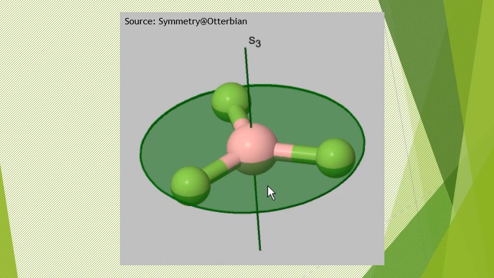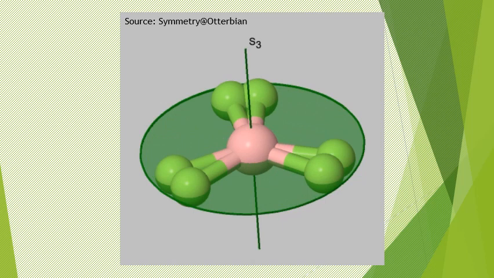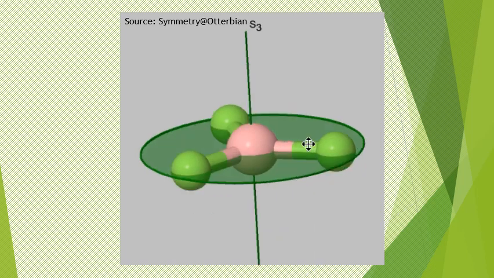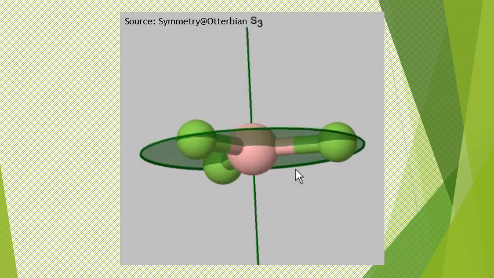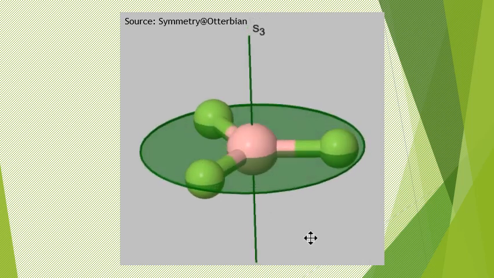So C3 rotation followed by sigma h is also a symmetry operation. Let me show you one operation. See, this is C3 followed by sigma h, and that will leave the molecule in an identical orientation. Definitely here it's not possible to visualize sigma h, but that is definitely a symmetry operation.